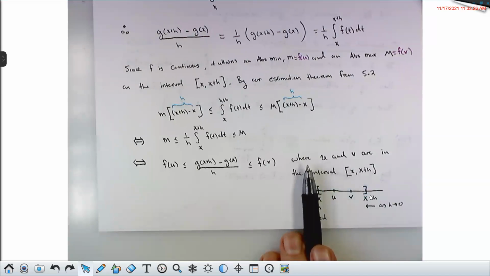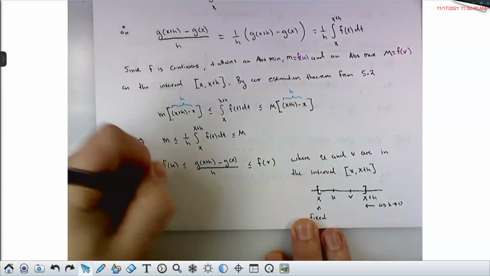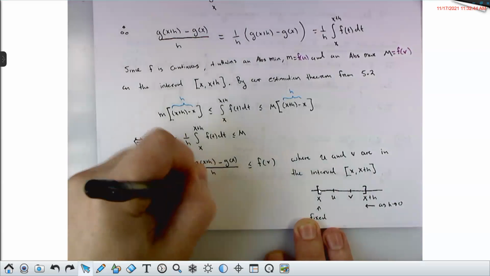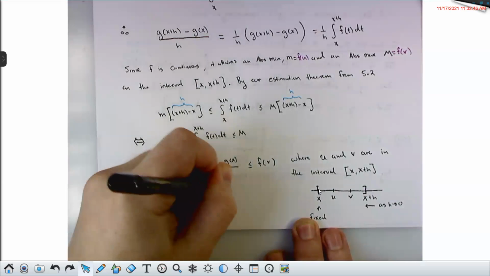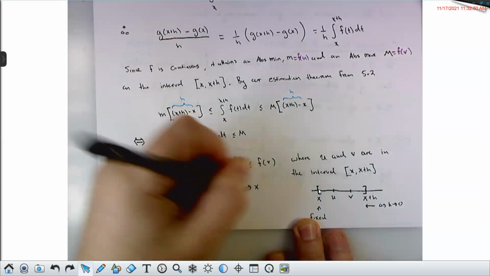This is like a hydraulic press coming in from the left. It's going to smash u and v into x. Thus, as h goes to 0, both u and v go to x.